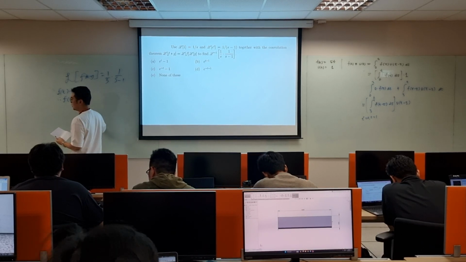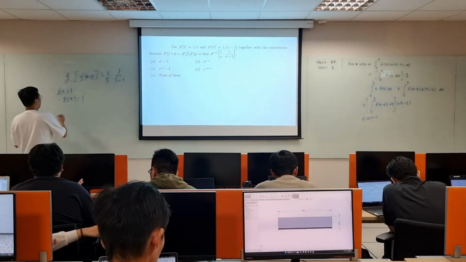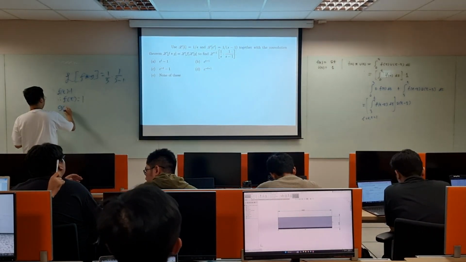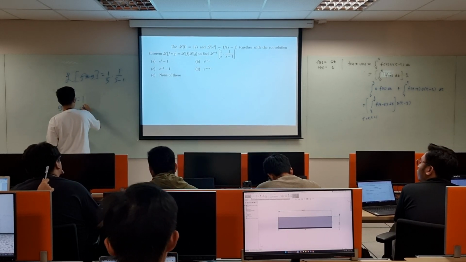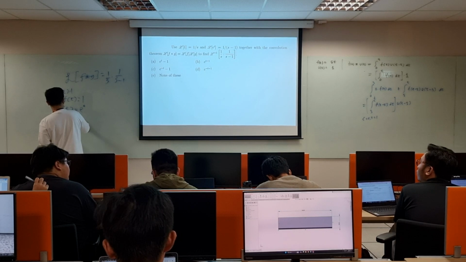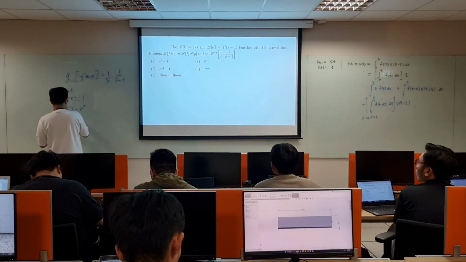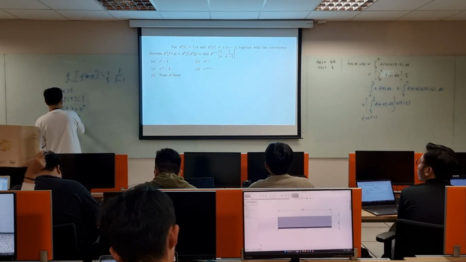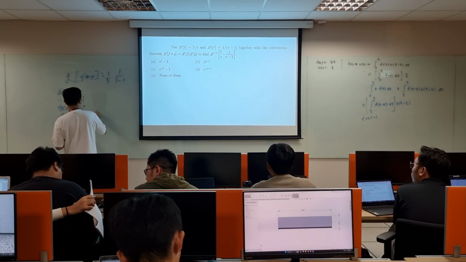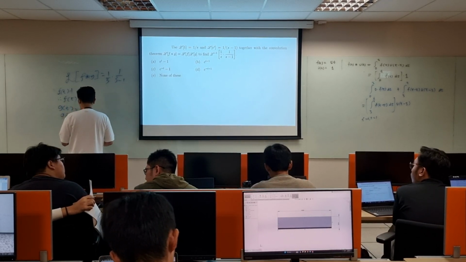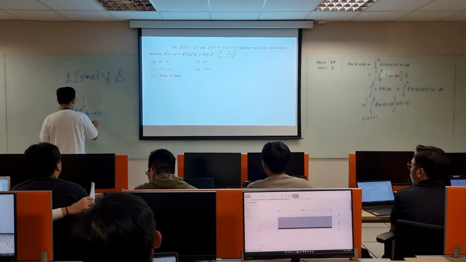You only replace the variable t with tau. It is still 1. And g(tau) is e to the power of minus tau. You make a bracket here. That's correct.